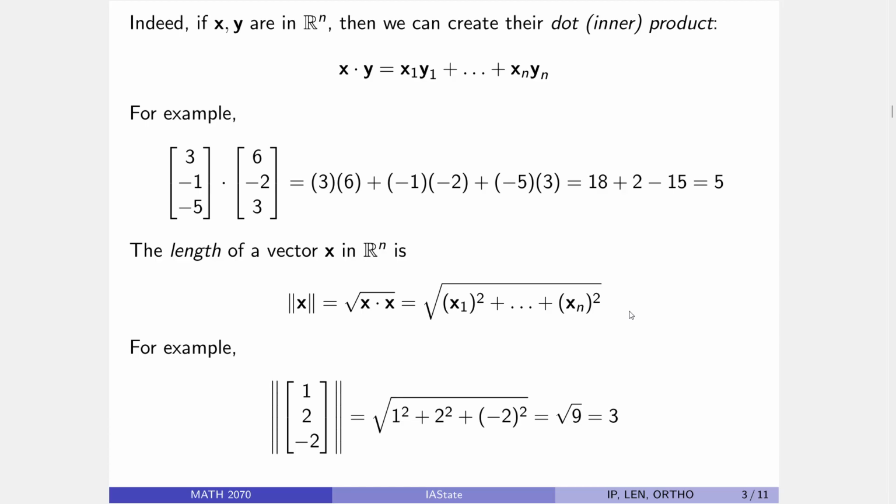So I picked 1, 2, -2, and I picked it because conveniently it has a nice length of 3. Of course, square root showing up is always a fun time, and by always a fun time I mean square root is a very useful function, but it also makes computations a little annoying, especially if this was like 8 instead of 9.